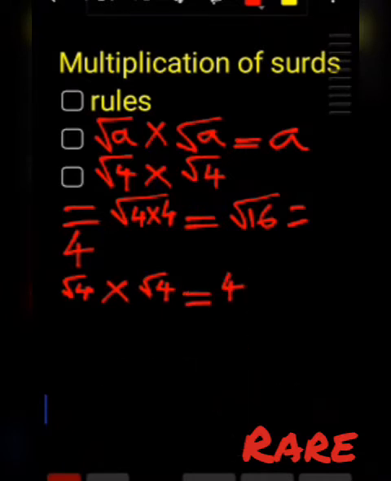This is what I meant when I said when you're multiplying similar surds, the answer is actually the radicand, what's under the surd or the root. So let's proceed now.